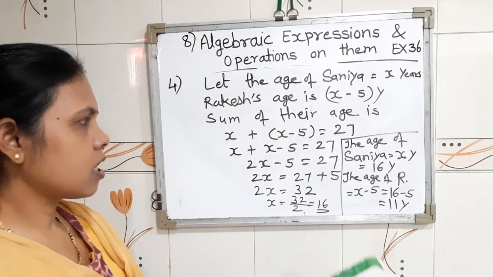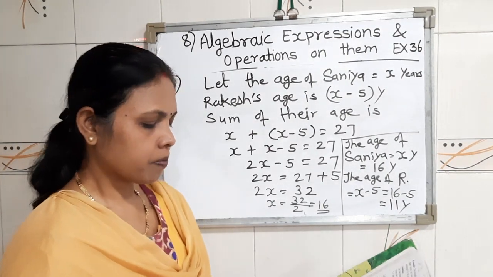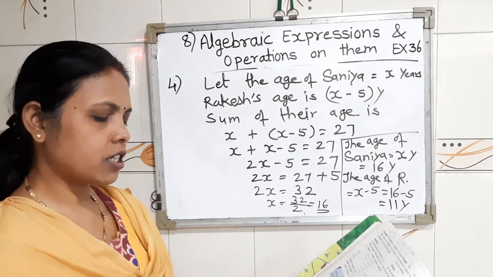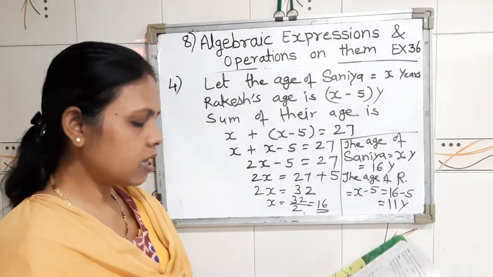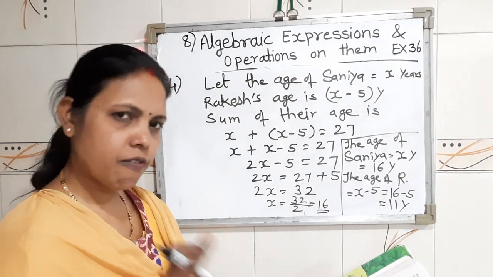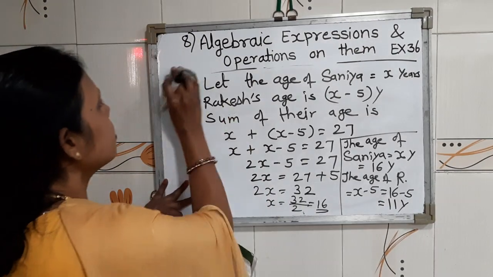So children, the question is same as the 4th one you had solved. Planting a forest, the number of jambul trees planted was greater than the number of Asoka trees. Therefore, which one will we take as x?